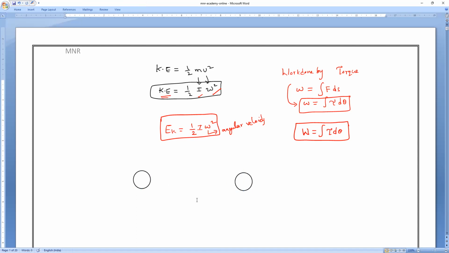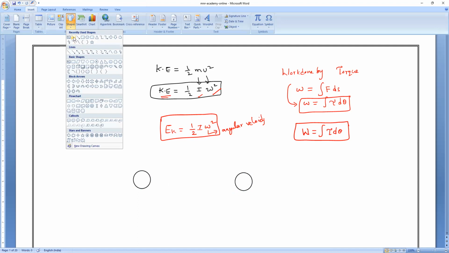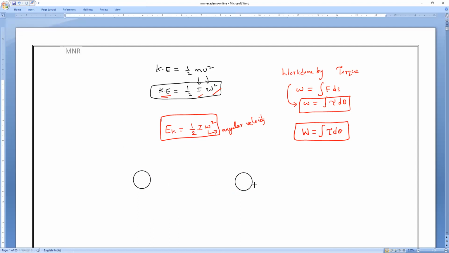Both are separated by a distance L. Imagine an axis.